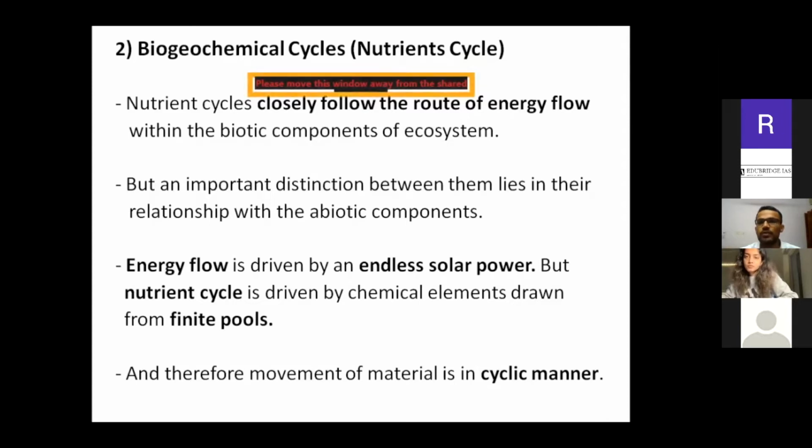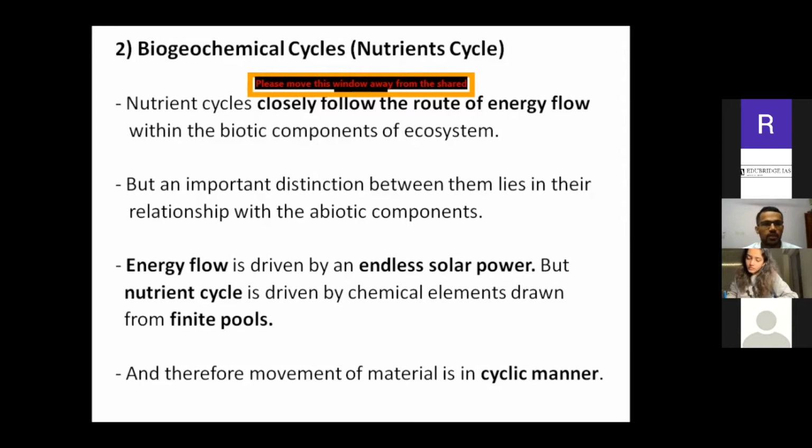Why? Because trophic levels are for the biotic component of the environment, right? So nutrient cycles are not only associated with biotic components, they also have a relationship with abiotic components. Though they are parallel to energy flow, we should also take into account the relationship of nutrients with abiotic components, because most of the nutrients that biotic components receive are received from abiotic components like soil or atmosphere.